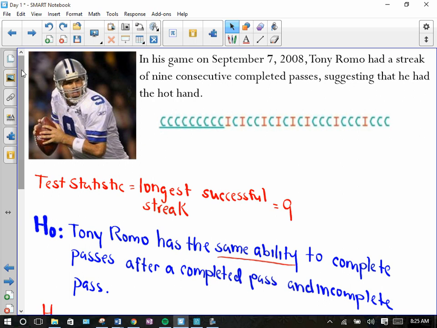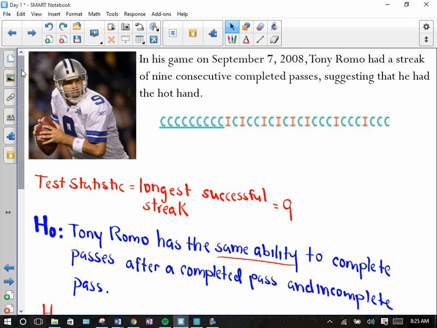I believe there are 32 total passes, so we need 32 note cards. If you're good with this, you don't need to write it down. If you still struggle with this, it would probably be beneficial to write it down.